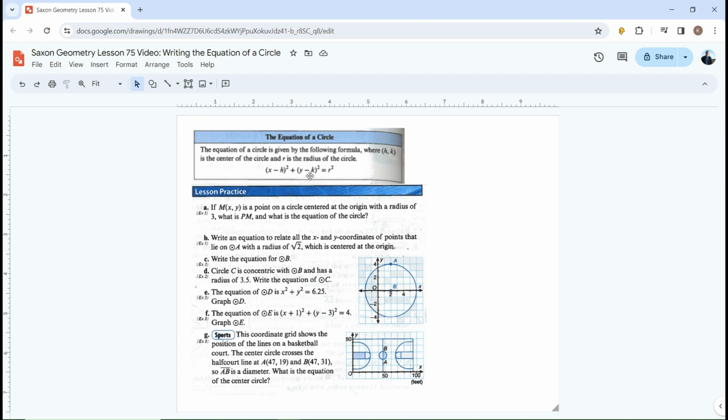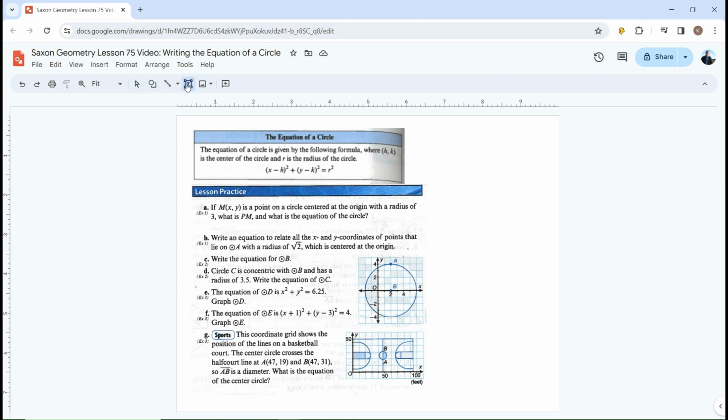Right, now, we're going to learn best in this lesson by actually graphing some of these and by actually working some problems. So let's get started on the practice problems right away. If M (x, y) is a point on a circle centered at the origin with a radius of 3, and P is the center of our circle, what is PM and what is the equation of the circle?